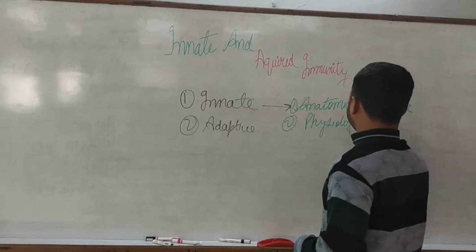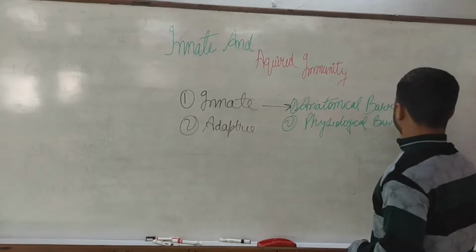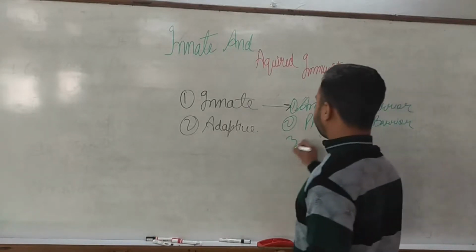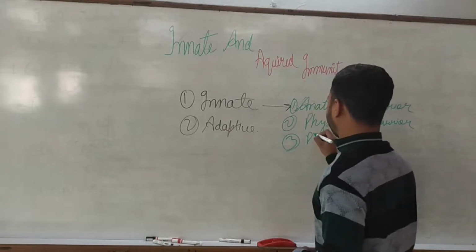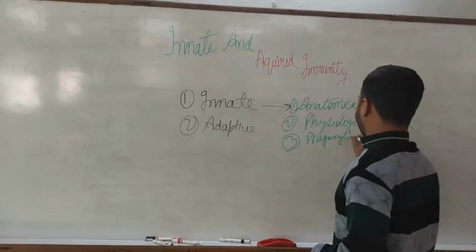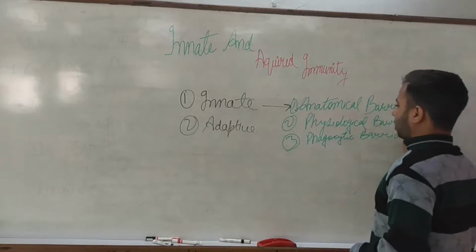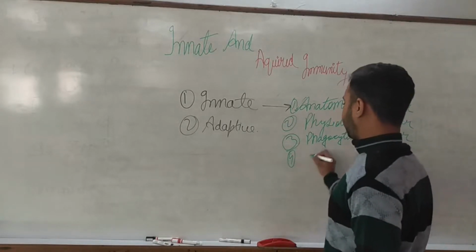We will talk about them in detail now. The third one is the phagocytic barrier. And the fourth one is the inflammatory barrier.